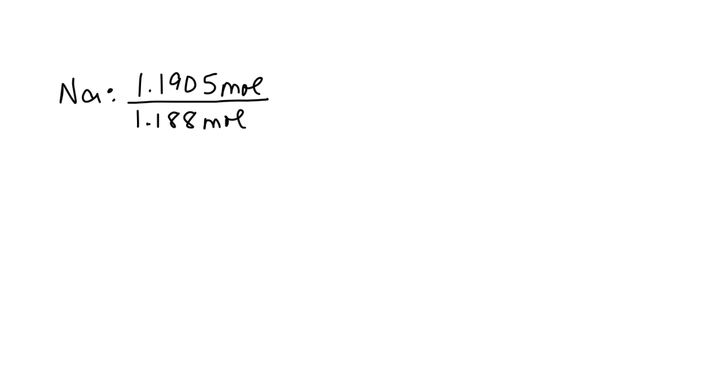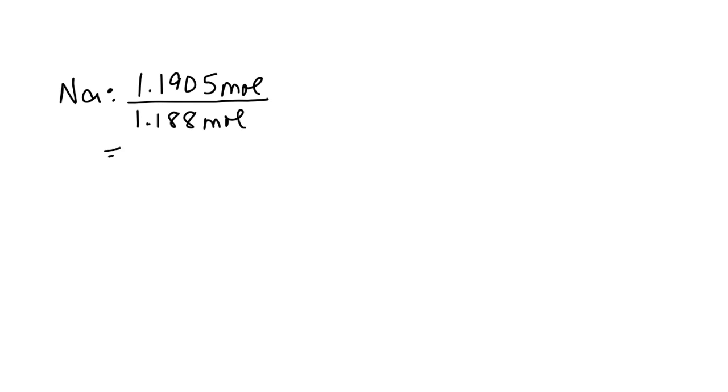So let's calculate the moles for each element now. I'm just going to write sodium and a colon, and I'm going to put sodium's actual mole value at 1.1905 mole, and then I'm going to divide it by that lowest mole amount, which happens to be hydrogen's.